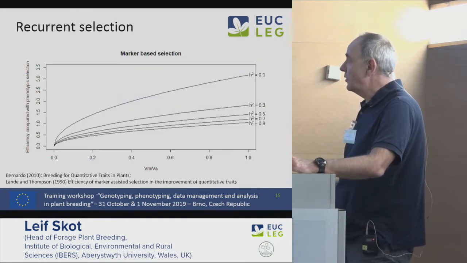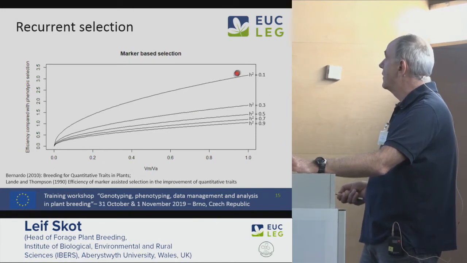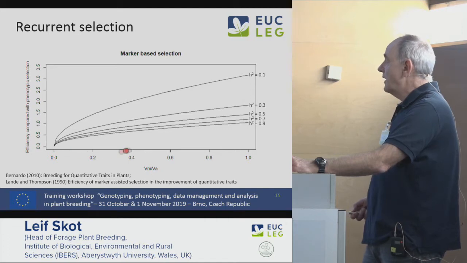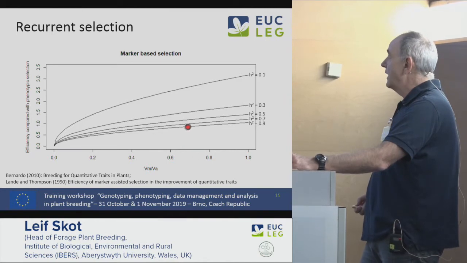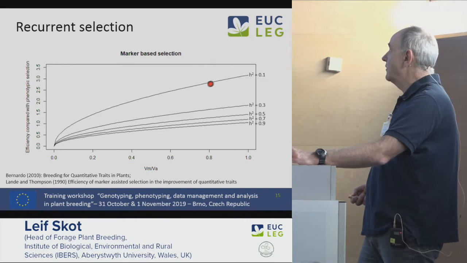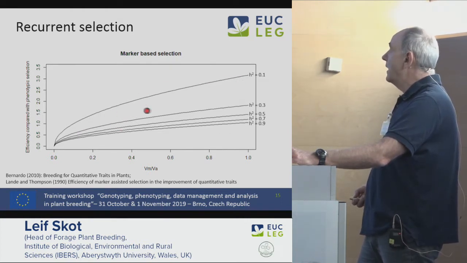So if you put that in a graph where you put different heritabilities in there, you can see that as you go up here, so the marker explains more and more of the total variance, the efficiency of using marker-assisted selection goes up and up, and also with lower heritability, it increases quite significantly.